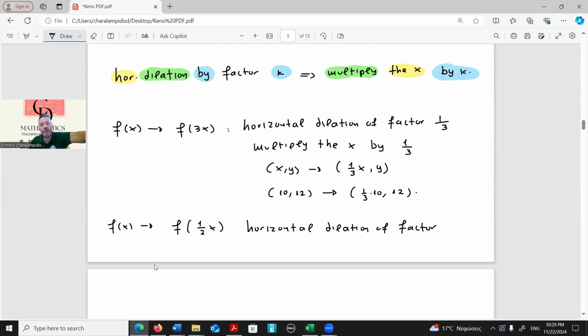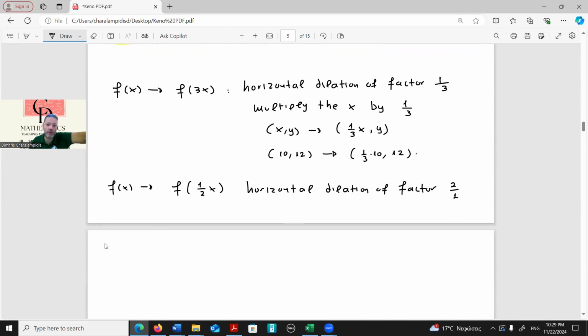So here we would get a horizontal dilation of factor 2 over 1, which describes as per instructions to the following: multiply, and that has to do with the dilation, the x, and that has to do with just the horizontal, multiply the x by 2 over 1. So the random point with coordinates x, y would have moved to 2x, y.